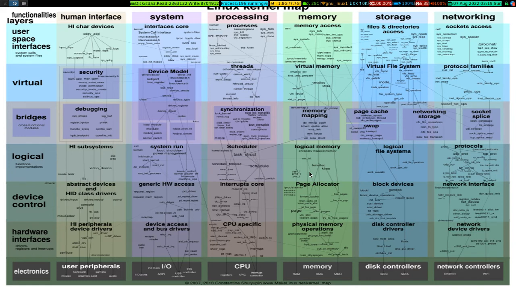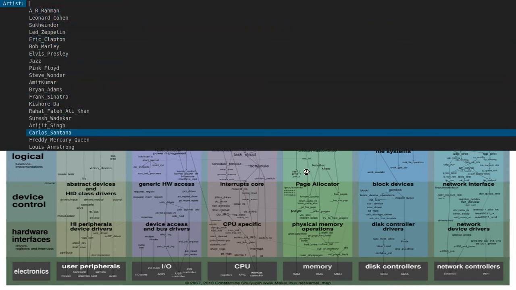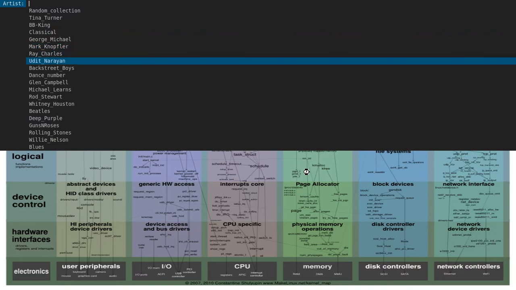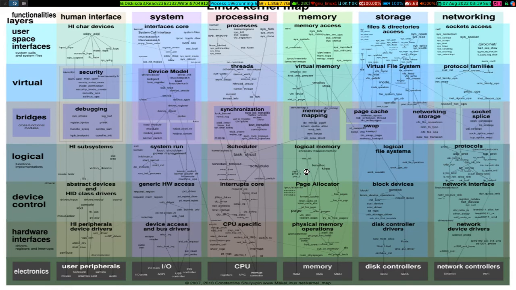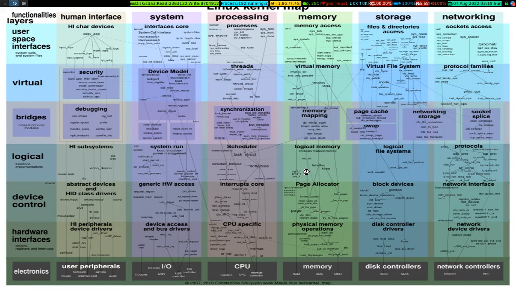If I do mod control and semicolon, it brings me up the stuff which I can see. From the status bar, I can play, right? So it's a very convenient system.